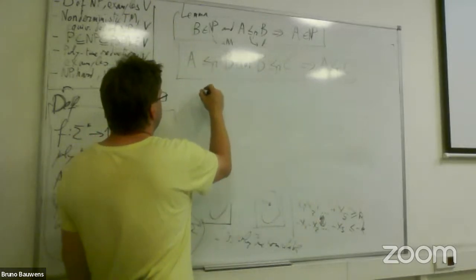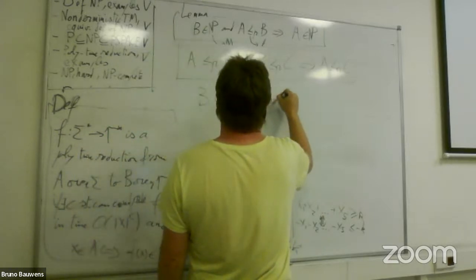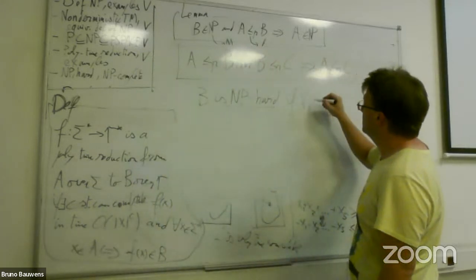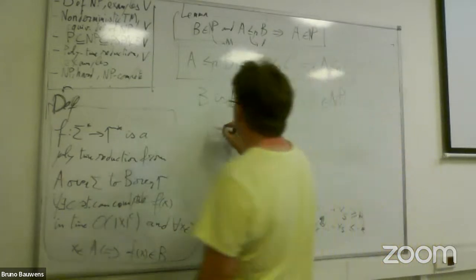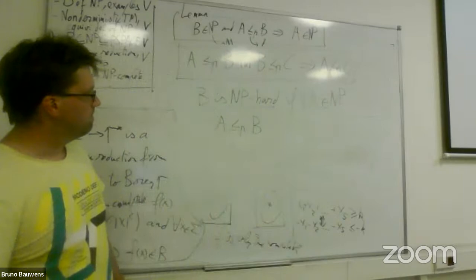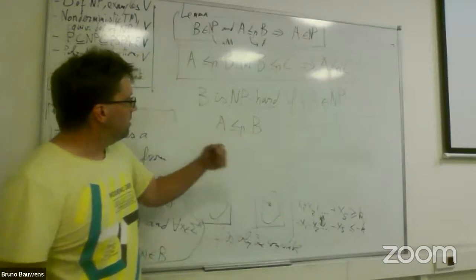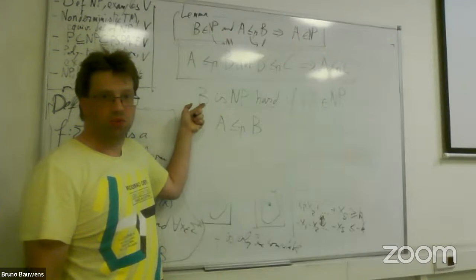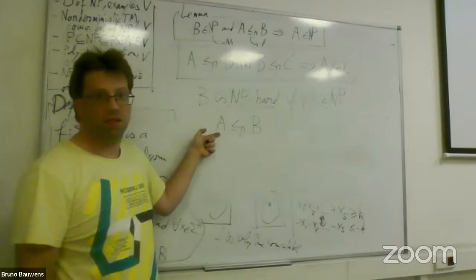Language B is NP-hard if for every A in NP, A poly time reduces to B. So it means that if you have an amazing algorithm to solve B, you get an amazing algorithm to solve every problem in NP.